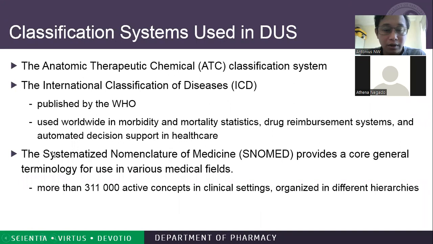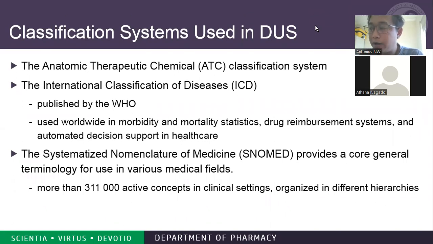So I already explained this. In drug utilization study, because we want to conduct a study whose results can be comparable to other studies or future studies, we usually use standard classification systems. I already introduced the anatomic therapeutic chemical classification system, the ATC, and then we also have the international classification of diseases.